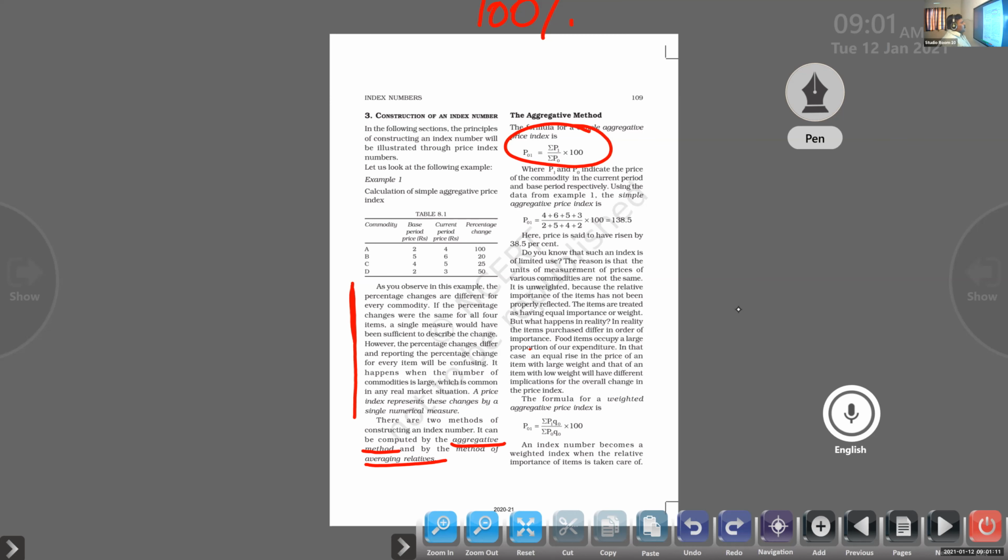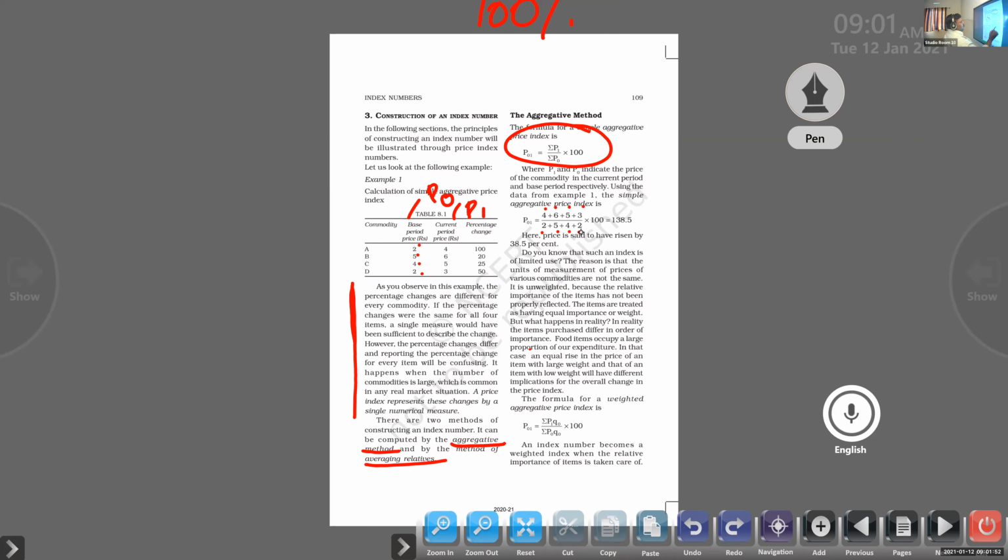Using the data from example 1, the simple aggregative price index is, we want to add all these data together. P01 equals sigma P1 divided by sigma P0. The current period price is P1 and the base period price is P0. So 4 plus 6 plus 5 plus 3, divided by sigma P0, that is 2 plus 5 plus 4 plus 2, multiplied by 100.